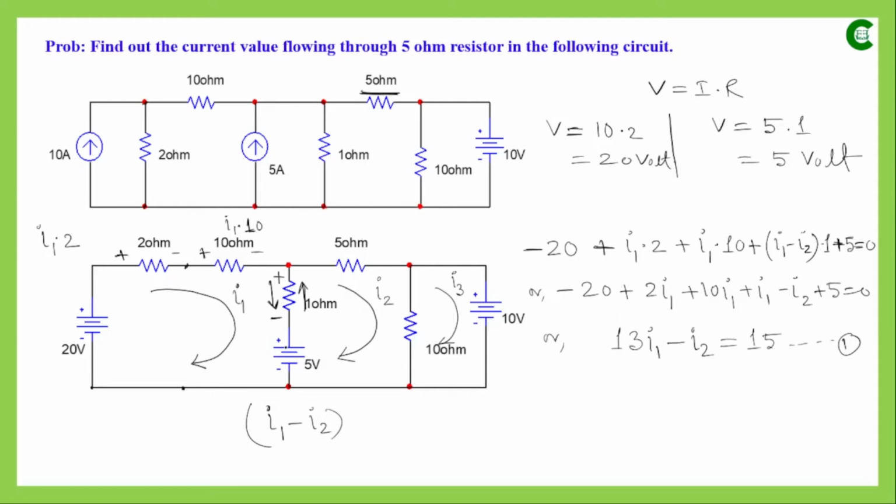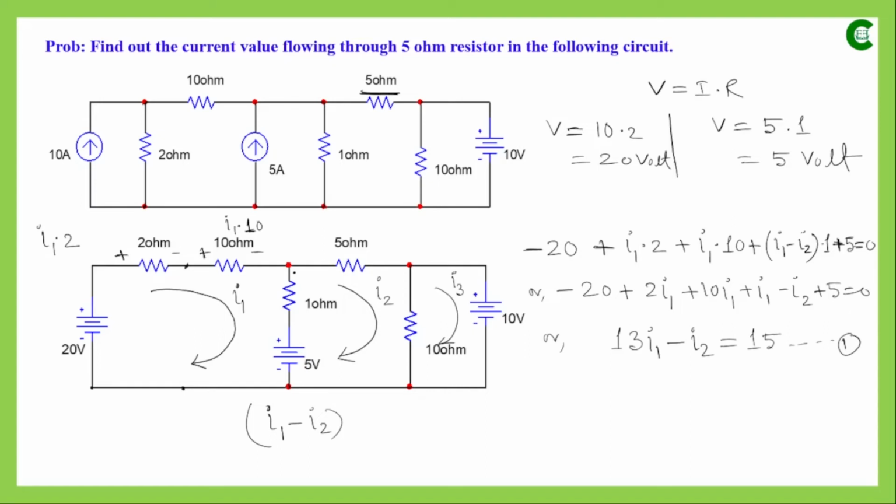Next we will come to the second loop. In the second loop, again, if we start traversing from any point of that loop and apply KVL, we will develop another voltage equation from that loop.